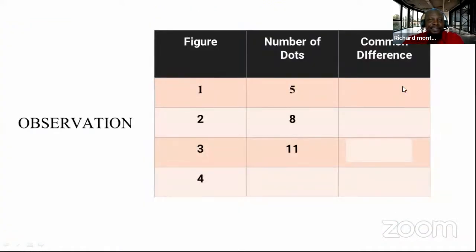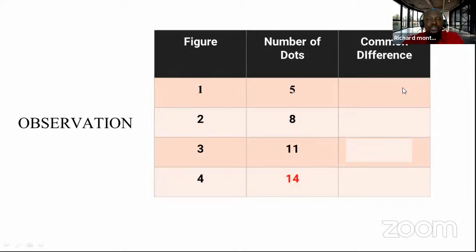Congrats. Now, students, I want to bring to you how we'll go about generating the nth term expression. So we looked at the number of dots associated with each figure. And we recognize that figure 1 had 5 dots, figure 2, 8, figure 3, 11, figure 4, 14.